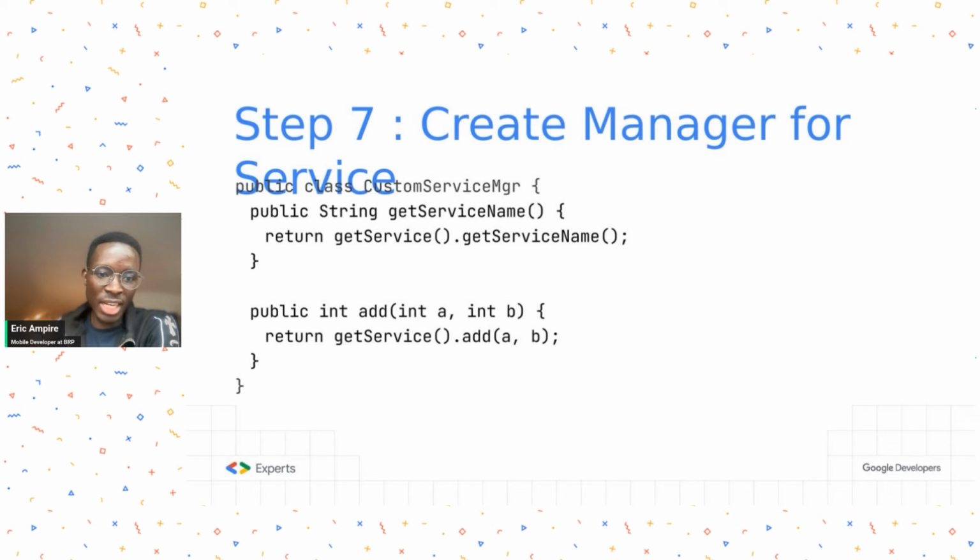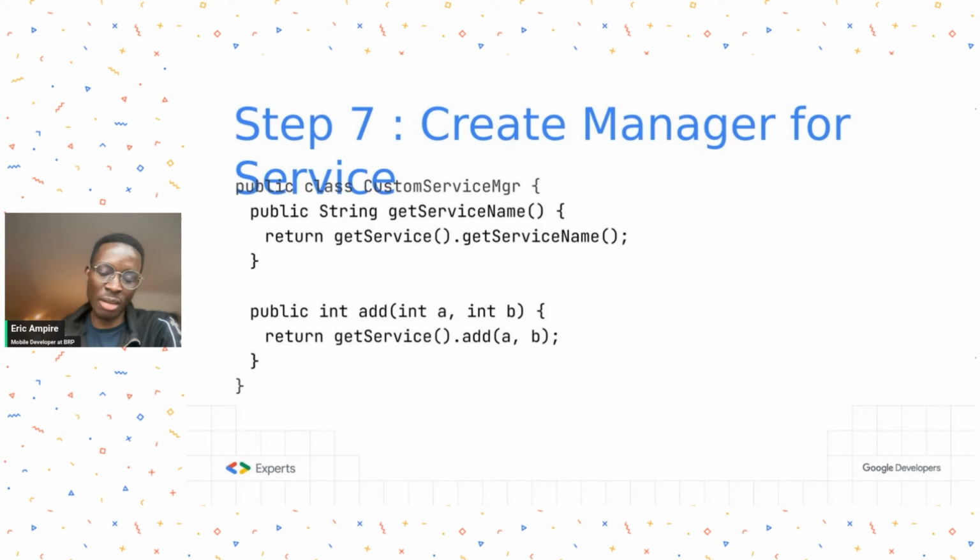And inside my manager, as you can see here, the manager doesn't do anything. The manager doesn't have any kind of responsibility. The role of the manager is basically to delegate every single action that the user takes to the actual service. For example, every time the user calls the method getSystemName, the manager doesn't know the information the user is looking for. So the manager will delegate this action to the service.